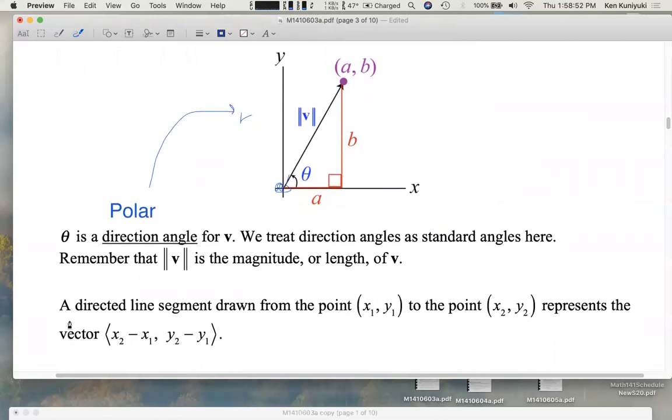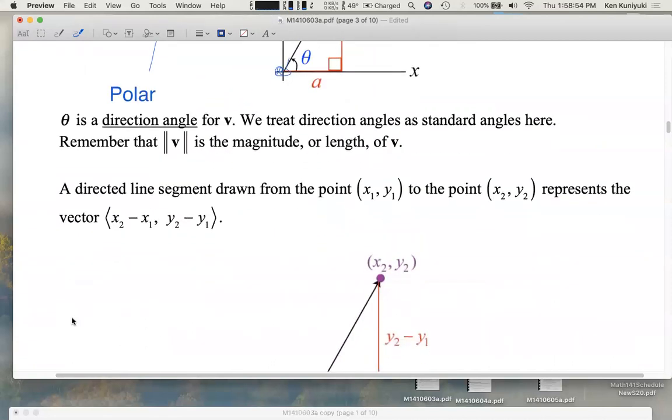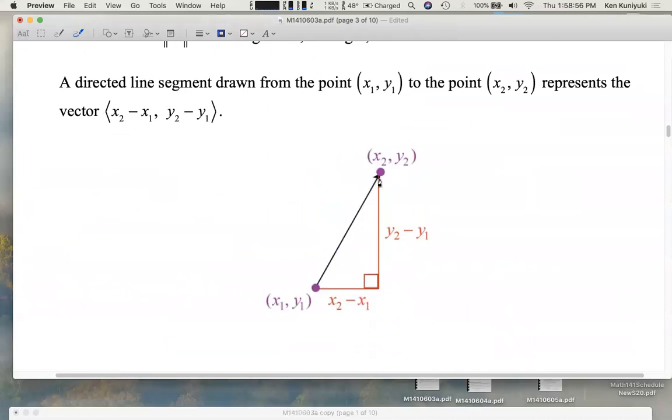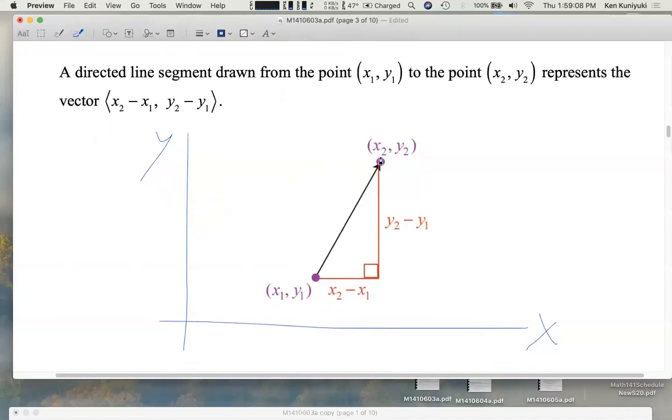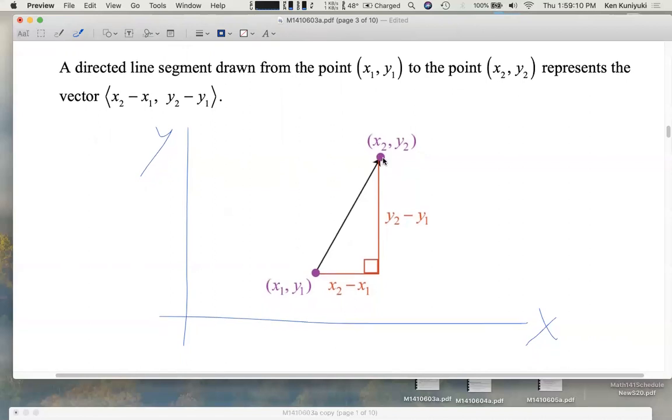All right, so remember that if I take two distinct points in the coordinate plane, maybe the axes are here, for example. If I take a directed line segment from this first point, (x1, y1), to the second point, (x2, y2), then this is a representation for a vector v. How do we get the components?